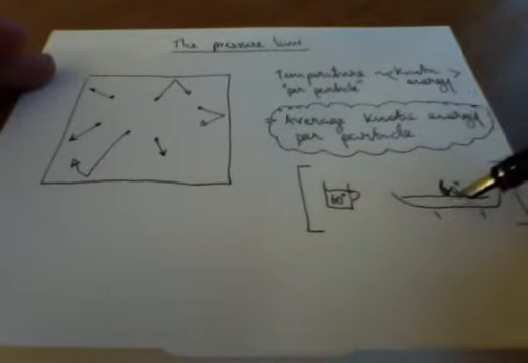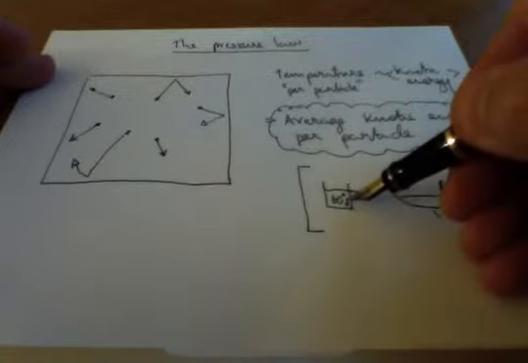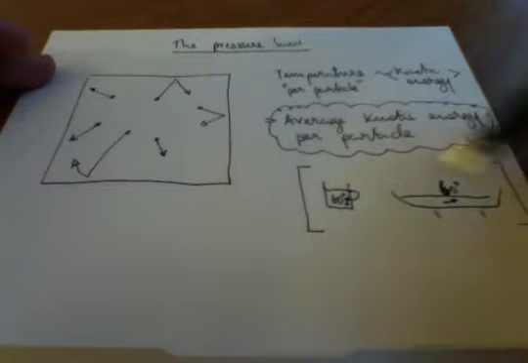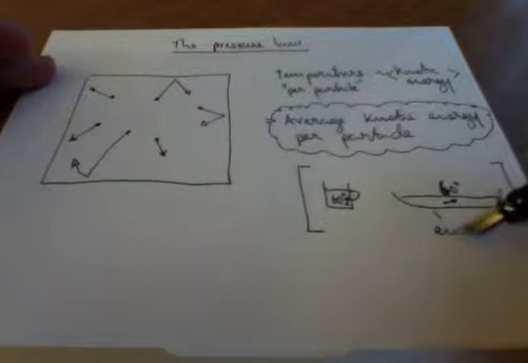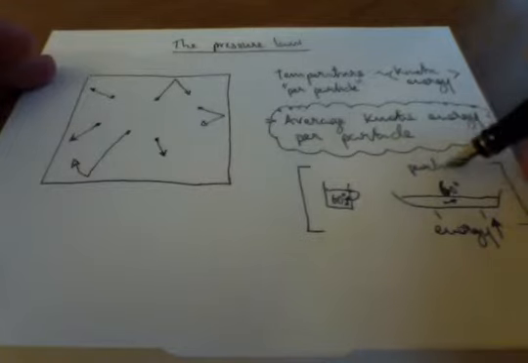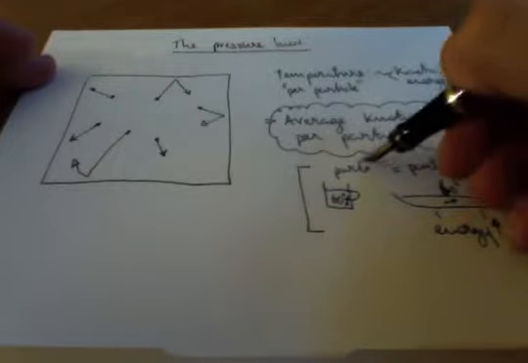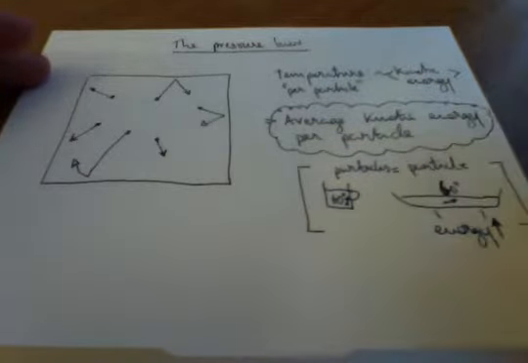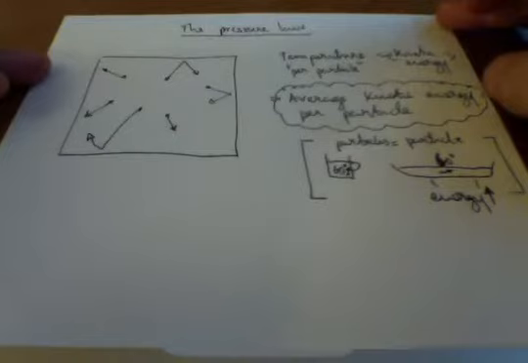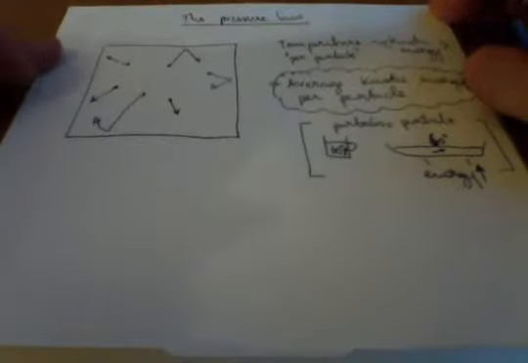Well, the similarity would be if you just looked at one particle, on average it would have the same kinetic energy. However, the bath of water, because there are so many more particles, has a bigger energy. But the particles are the same. Okay, so just a little aside. However, let's go back to this instance here.